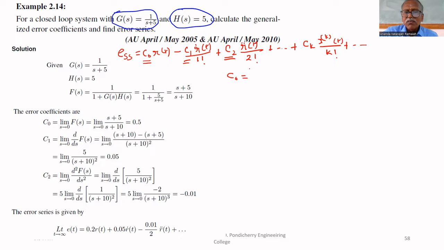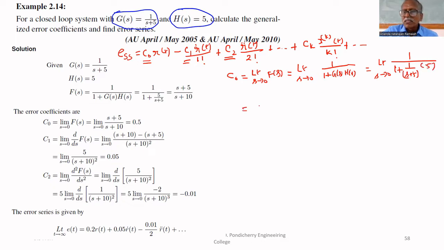Generalized error coefficient C0 equals limit s tends to 0 of F of s. F of s is 1 upon 1 plus G of s H of s. Substituting, G of s is 1 by s plus 5 and H of s equals 5.